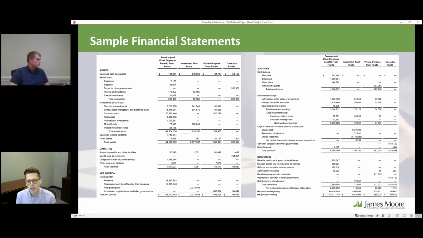As far as the statement of changes is concerned, it's very similar to what is prepared already for GASB 67 and 74. You're now just stretching that out into the other fiduciary activity types. One key note here is that the standard does require that the investment earnings be split out so that you show the fair market value increase, interest, dividends, etc., and then the cost of investment.